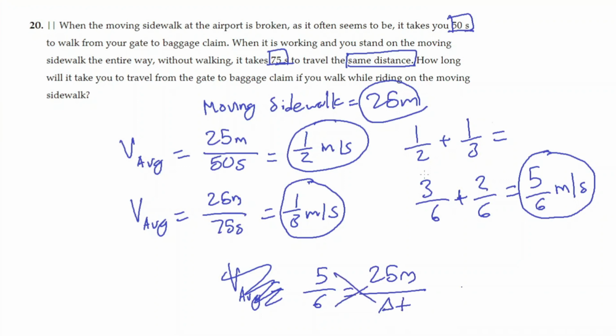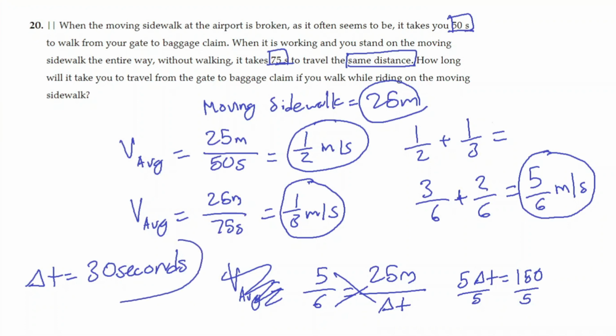We could cross multiply, so we're going to have 5 delta T is equal to 150, and we could divide by 5. So we're going to be left with delta T is equal to exactly 30 seconds, and that'll be your answer.